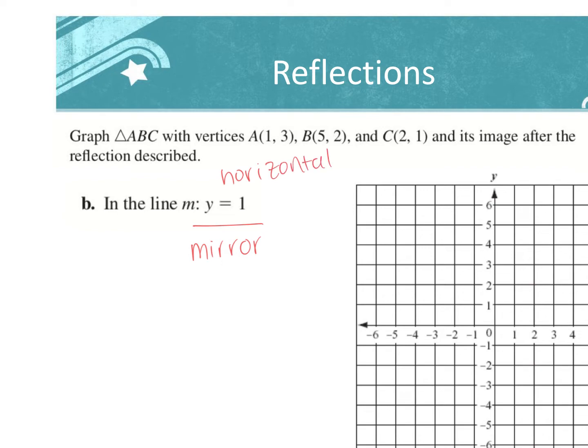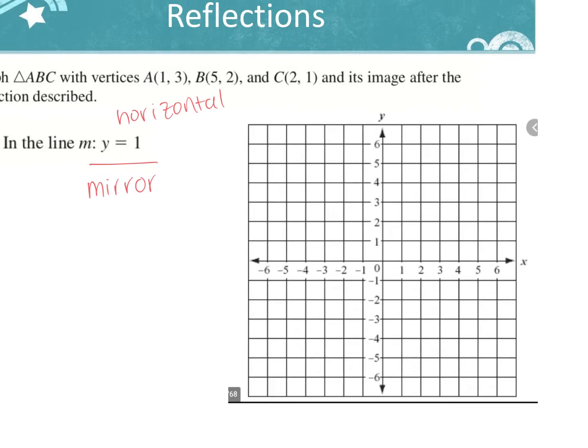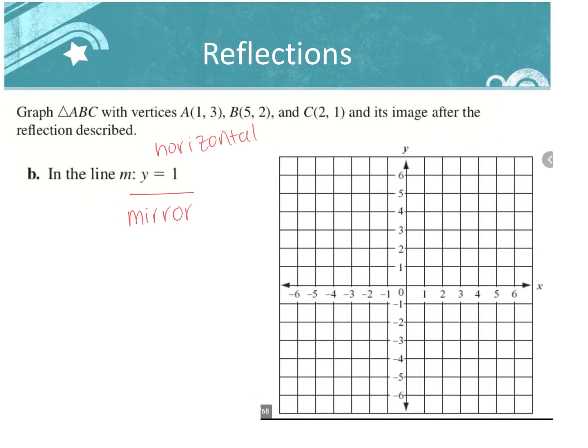It's horizontal, and it must go through what point? Y equals 1. Okay, so draw it. This is our mirror. Then let's label the points. We've got 1, 3 for A, 5, 2 for B, and C was at 2, 1.